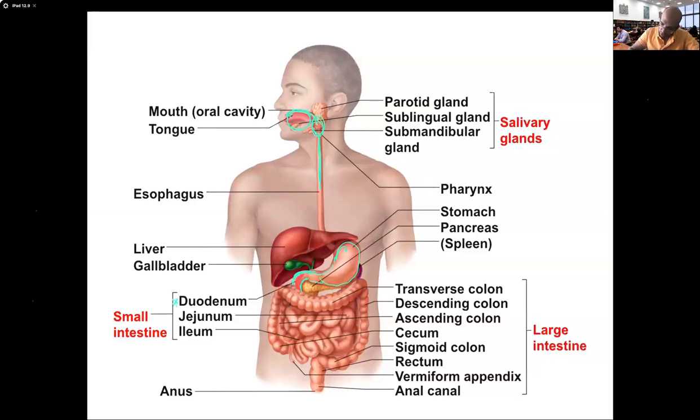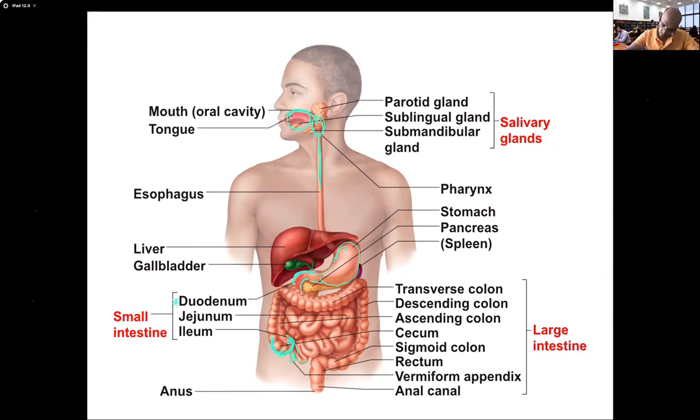Then we've got the jejunum, and finally we've got the ileum. The ileum is the one that will be conducting the remaining undigested and unabsorbed part of the food into this pouch-like structure of the large intestine, which is associated with the vermiform appendix. We call this pouch-like structure of the large intestine the cecum.